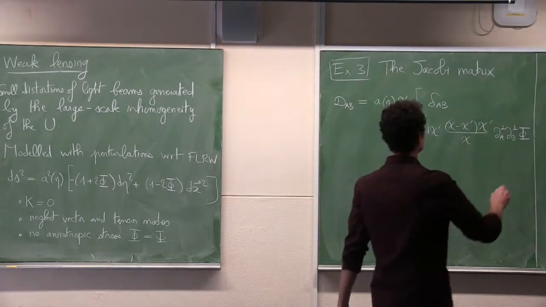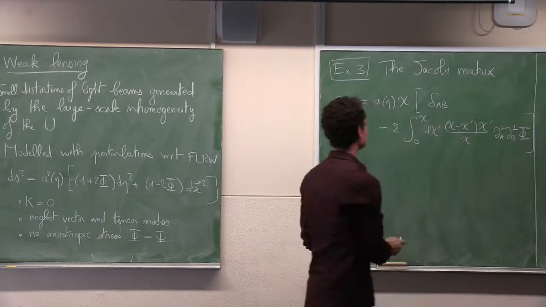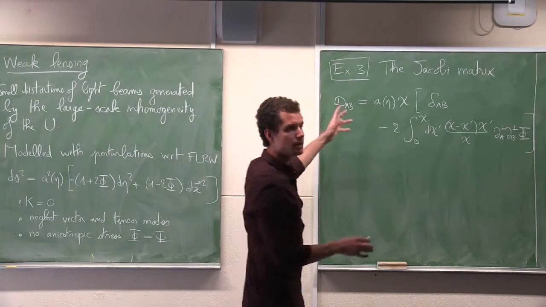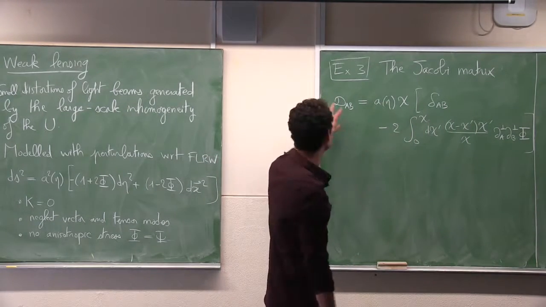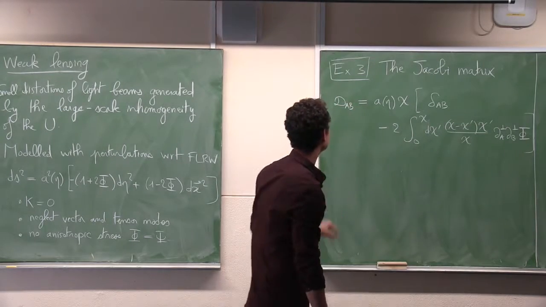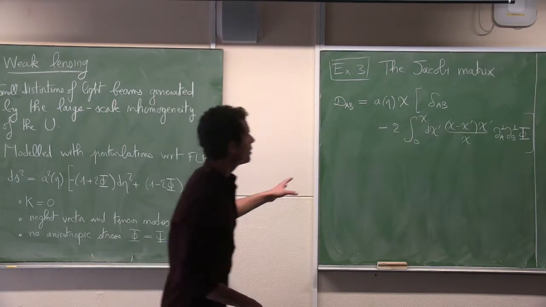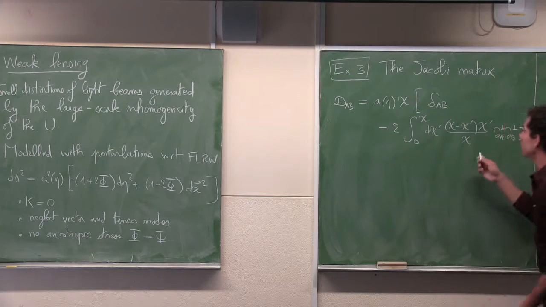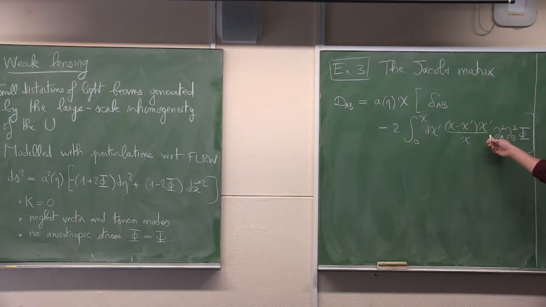So the perturbation of light rays and light beams, infinitesimal light beams, that is encoded in the Jacobi matrix comes as a line of sight integral of the second derivatives of the gravitational potential.